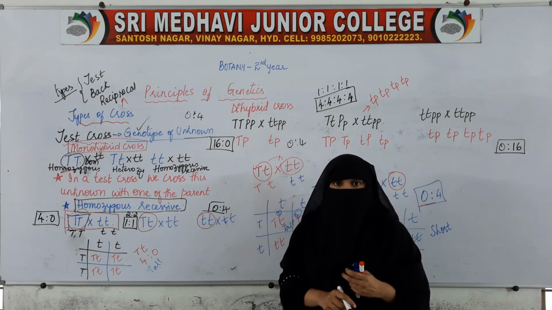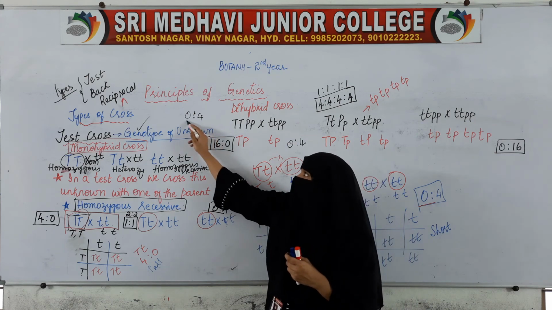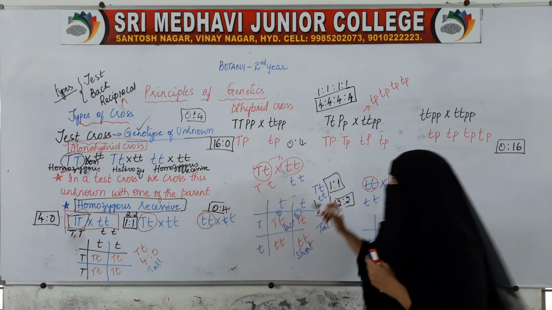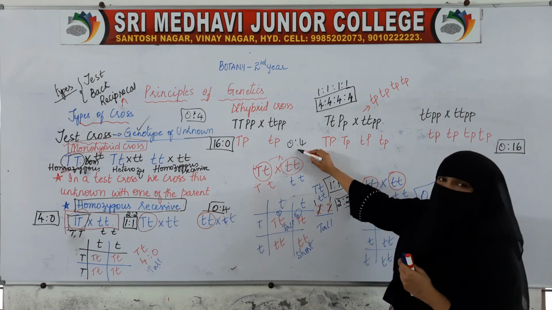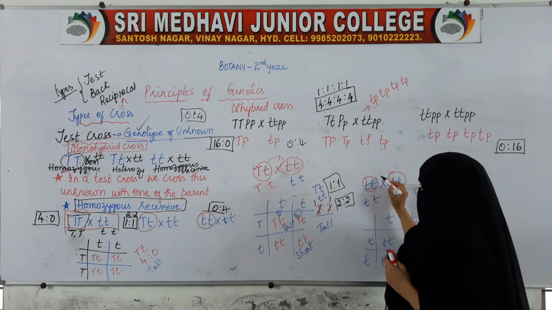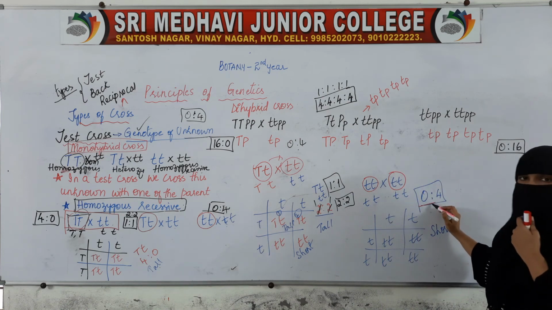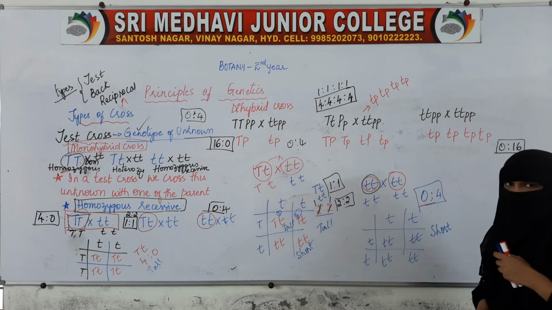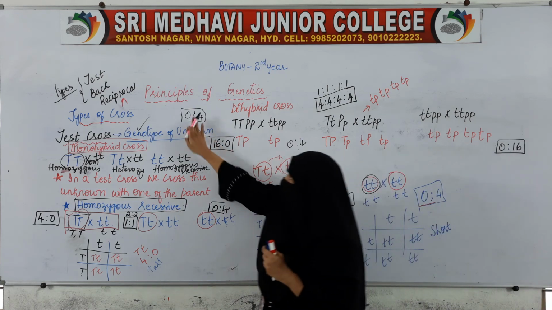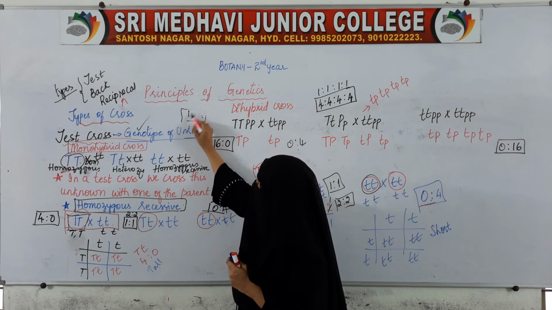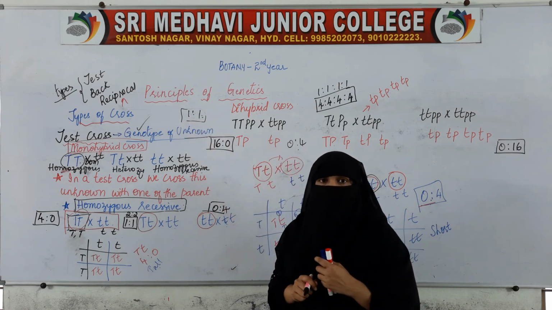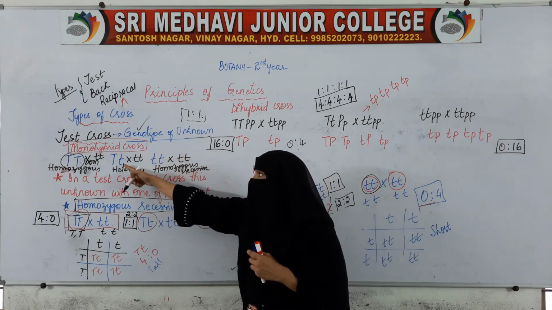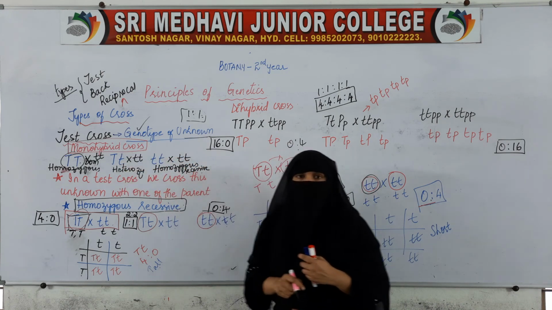If this is 0:4, then the unknown is homozygous recessive. But if the ratio is 1:1, then which type of genotype will be there? It will be heterozygous, capital T and small t.